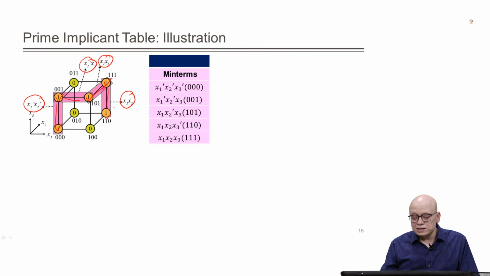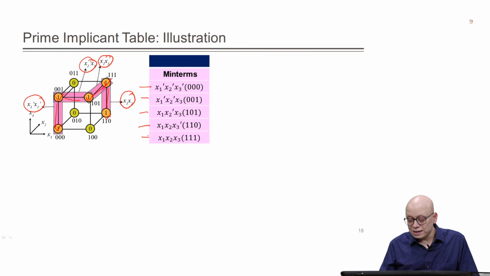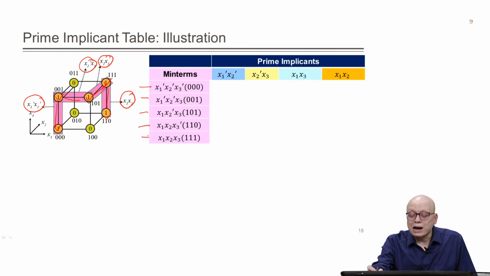So, we will build a table. First we arrange all the minterms in various rows, so we have 5 rows for 5 minterms, and then we have the prime implicants arranged along the columns. So, there are 4 prime implicants, and we have 4 columns here.